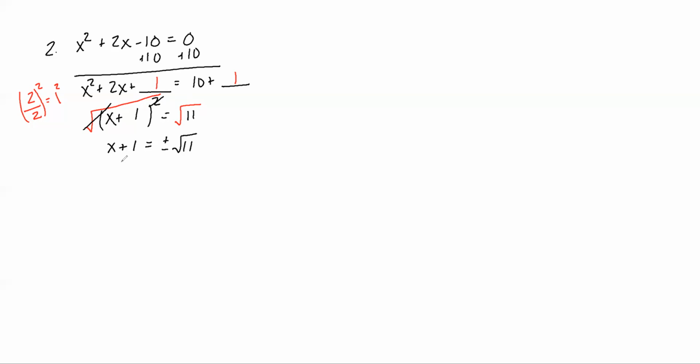So continuing along, if we solve for x, let's subtract 1. Again, I'll put it in the front. We get x equals -1 plus or minus the square root of 11. And again, 11 cannot be simplified, so we're going to leave it as -1 plus the square root of 11 and -1 minus the square root of 11.